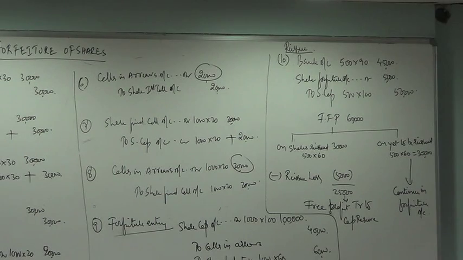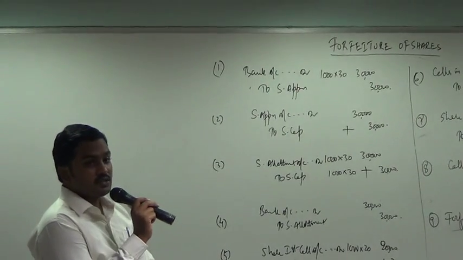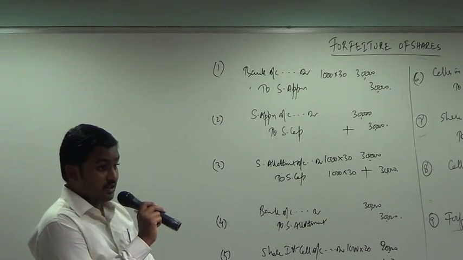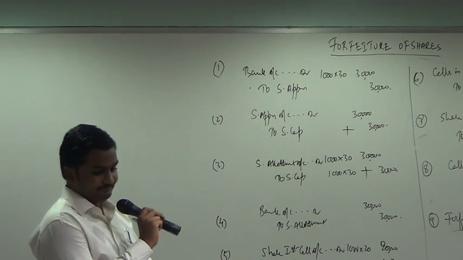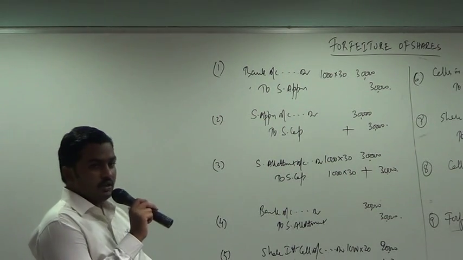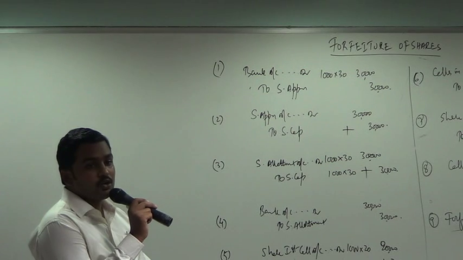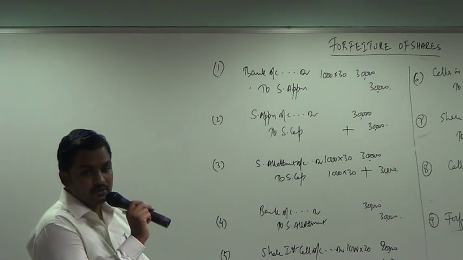Now you have to pass an entry only for 25,000. Pass the entry below the chart. What entry will you pass? Share forfeiture account debtor to capital reserve. Share forfeiture account debtor to capital reserve 25,000.